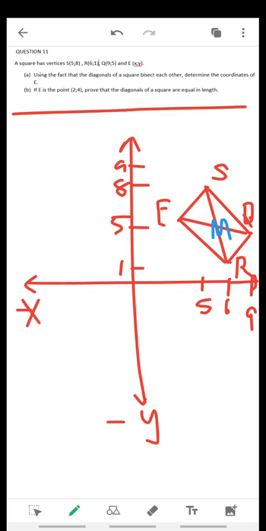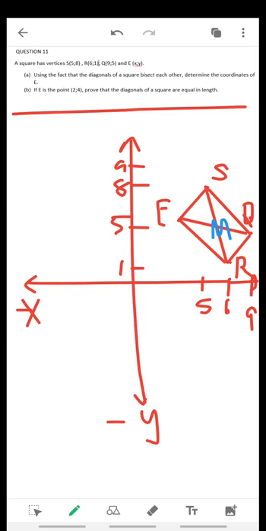So the diagonals of a square bisect each other at 90 degrees, and they will be equal in length, meaning the diagonals will have the same midpoint.